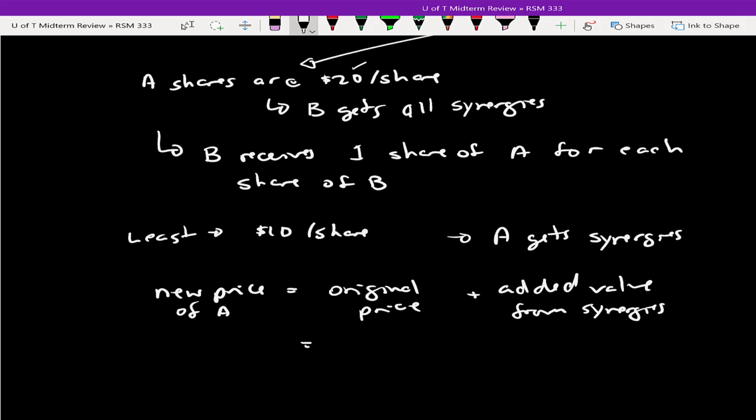The original price for the share for A was $20. That's given. But we got $100 of synergies that they could spread over 25 shares of A. So if they did that, the price of A shares would go up to $24 a share.